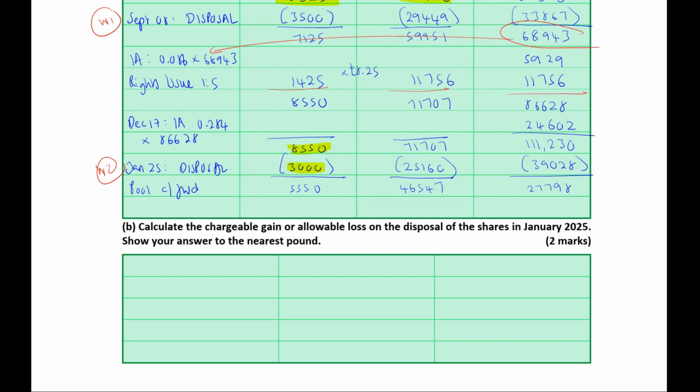Oh, that doesn't look right, does it? Try that number again. So my index cost less the ones that have just been disposed of. That looks slightly better. So that's the pool value to carry forward. So as you can see, quite a lot going on there.